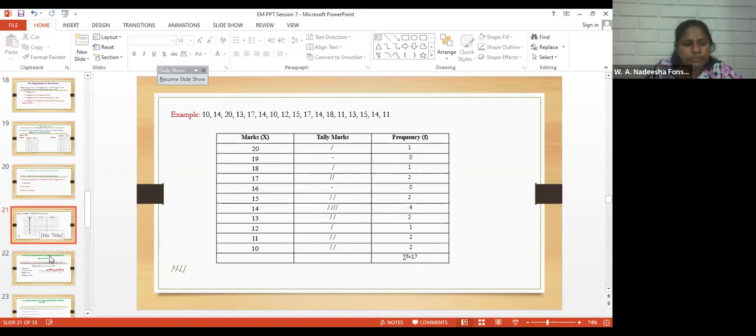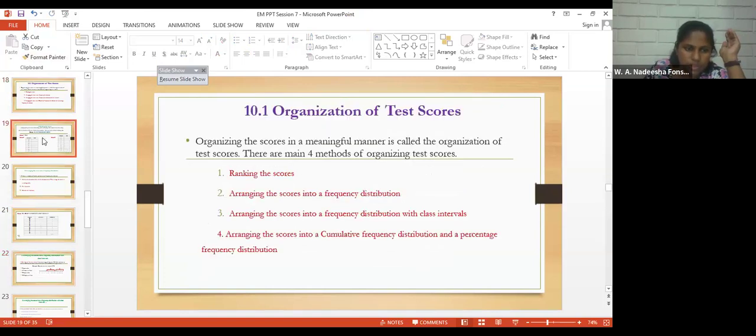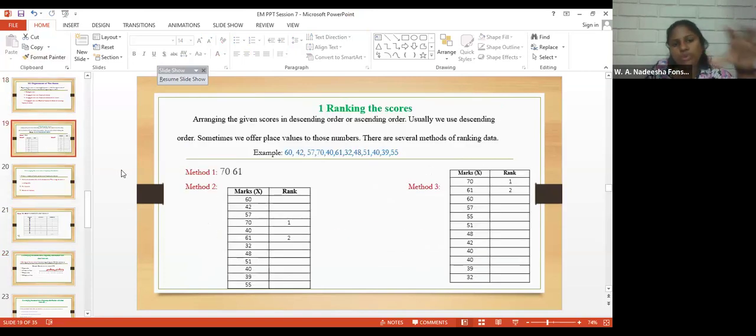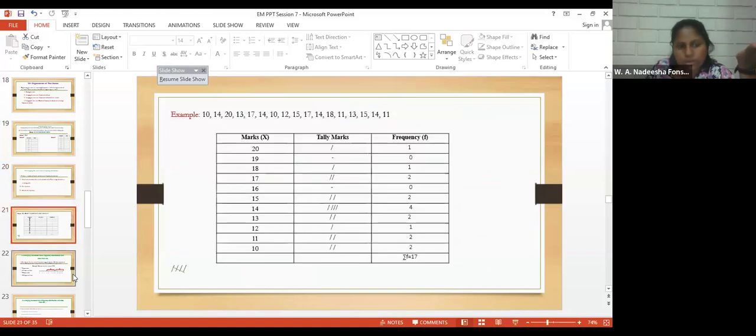This is also easy. So the third one. If there is only a small amount of data, we can use the ranking method. If the number of data is greater than 20, we have to go for frequency distribution.